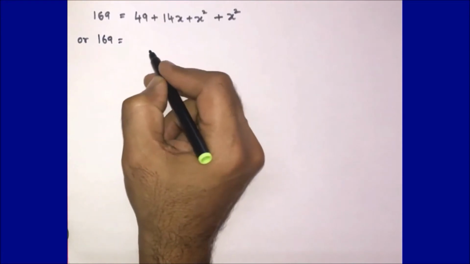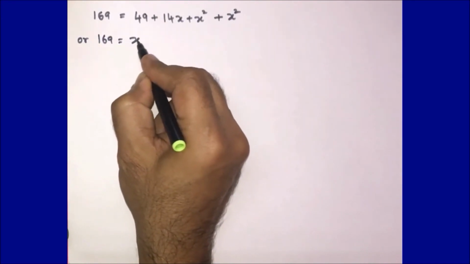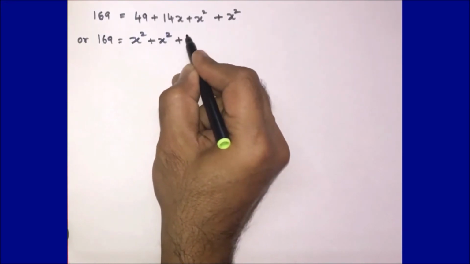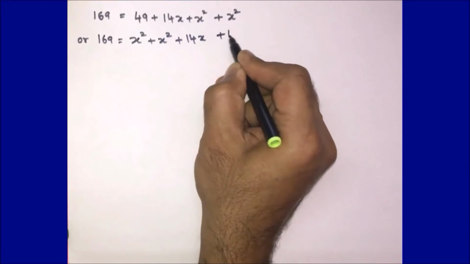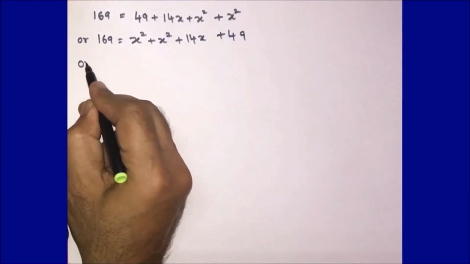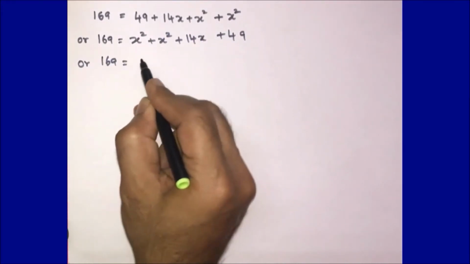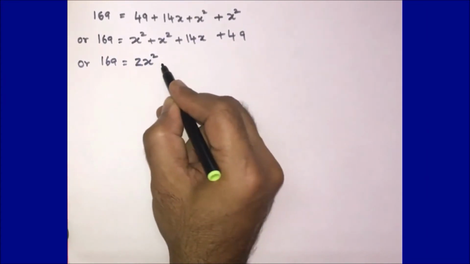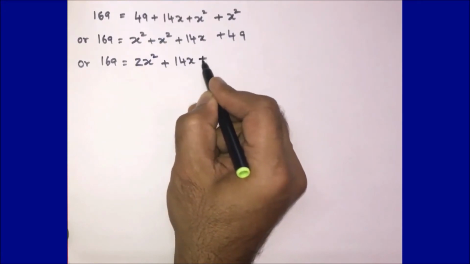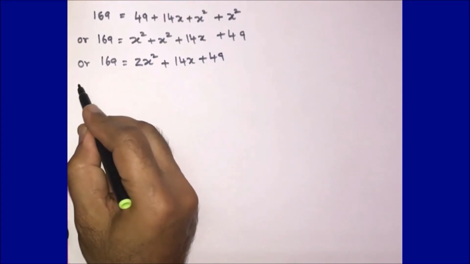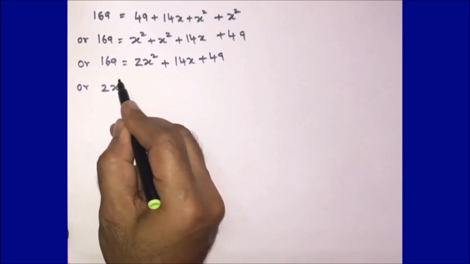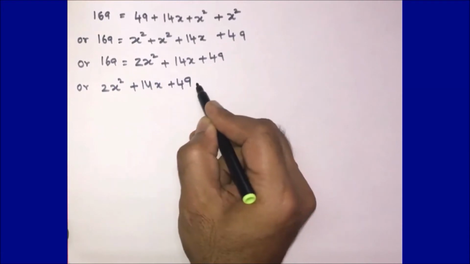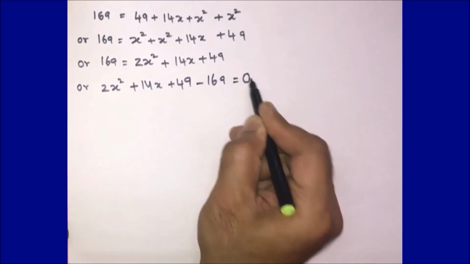Just rearranging this equation, 169 is equal to x to the power 2 plus x to the power 2 plus 14x plus 49, or I can write 169 is equal to 2x to the power 2 plus 14x plus 49, or I can write 2x to the power 2 plus 14x plus 49 minus 169 is equal to 0.